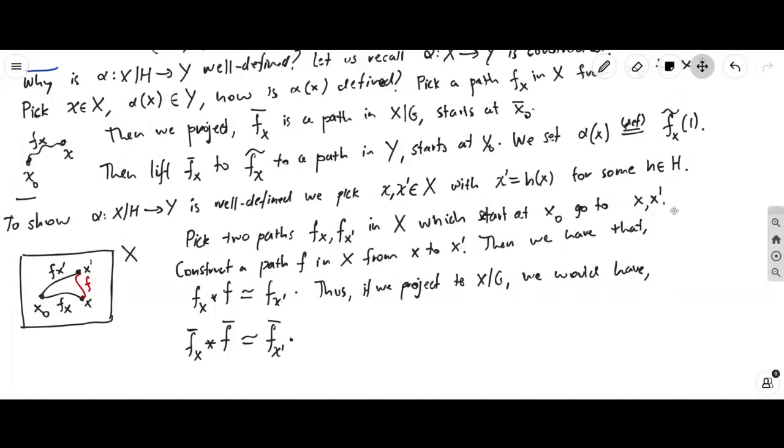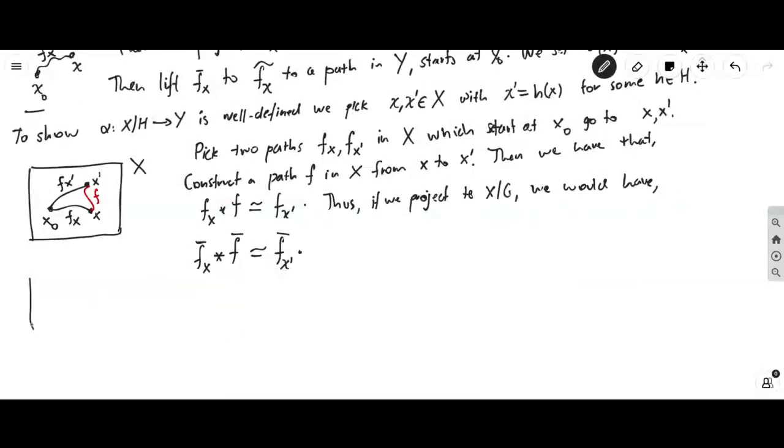And now what you need to understand is that this square represents the quotient. So this is going to be x0 bar. This is going to be x prime bar. And actually, because x prime and x are the same mod h, they are also the same mod g, so they will coincide into the same point.